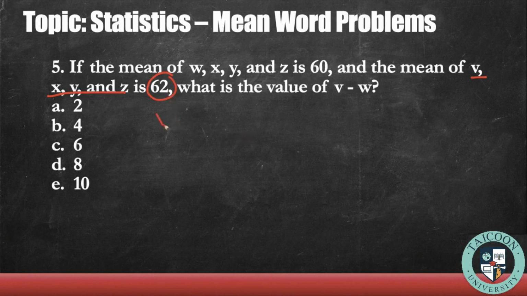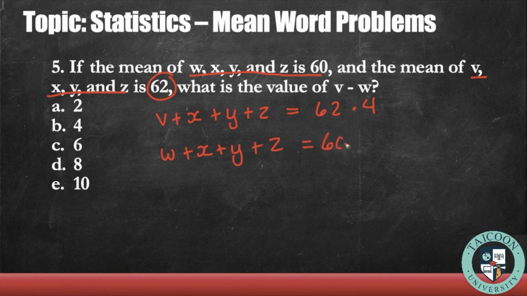We know that V plus X plus Y plus Z is actually equal to 62 times 4 because there are 4 elements included. Then we also know, if we look at the information given in the first part of the problem, W plus X plus Y plus Z is equal to 60 times 4. 62 times 4 is 248, and 60 times 4 is 240.